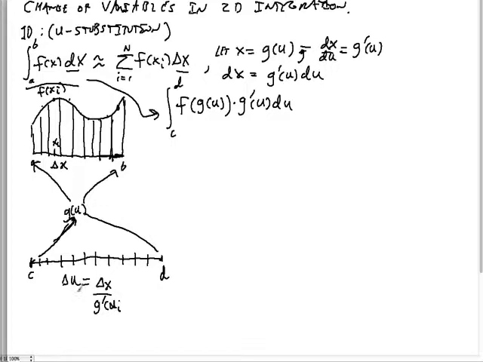I'll make them delta u_i because if we have some value, we'll call it u_i, that's the one that's going to map to x_i. And the width of that interval is going to be proportional to delta x, but then we have to divide it by this factor here. Another way to think of it is g prime of u_i times delta u is equal to delta x. And you can think of this as sort of the dilation or contraction of the intervals delta x.